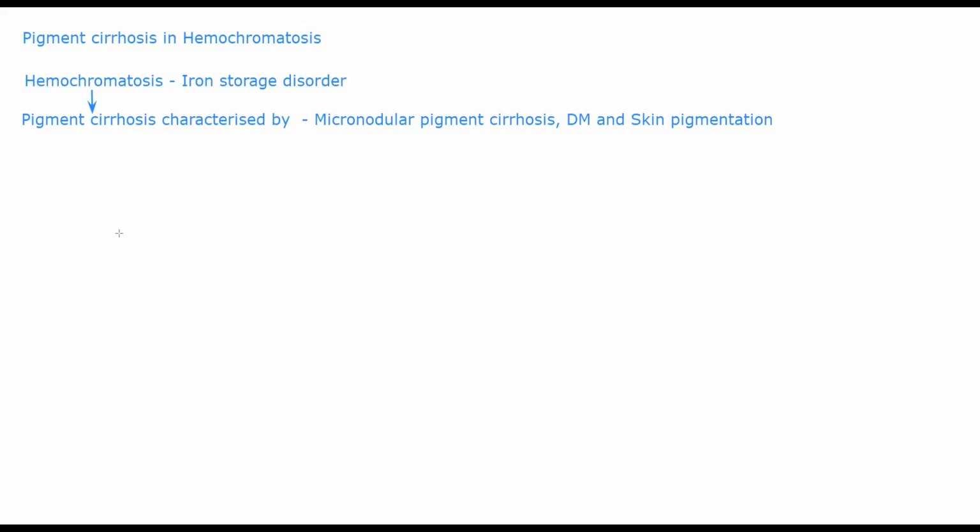Your intestinal mucosa is responsible for absorption of iron, so it will absorb only as much as is being lost. Normally in a healthy man, around 1 milligram per day of iron is lost, and the exact same amount is absorbed back, so that you have a balance of 3 to 4 grams in your body.